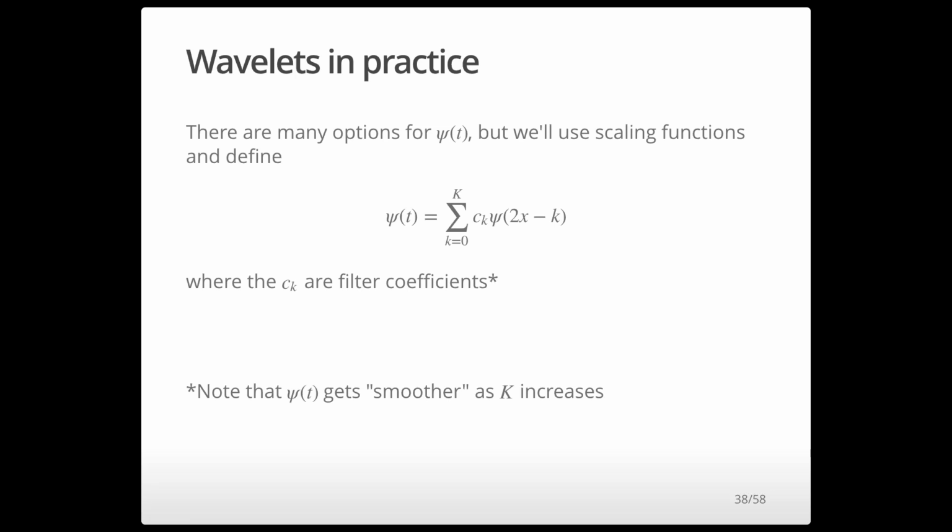So these C sub k are called filter coefficients. And so the idea is that if we have a lot of these filter coefficients, so capital K here is relatively large, then this wavelet form is going to look relatively smooth. And if we just have a few k's, it's going to be something really blocky. It will be real jagged and short. And the other ones are going to be long, and they're going to go like this.